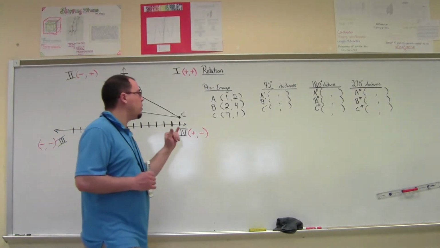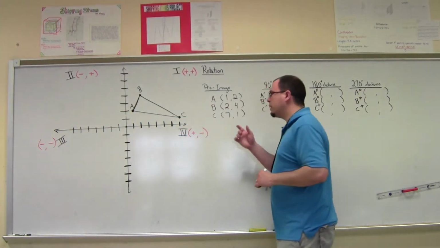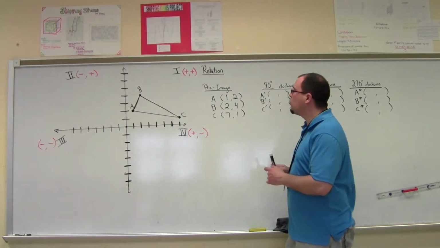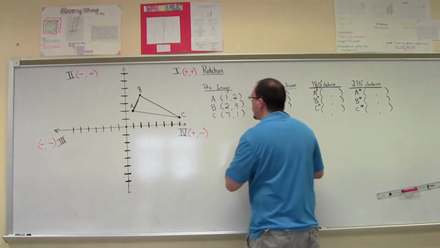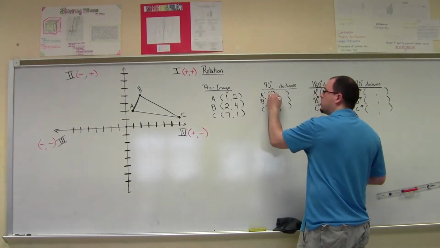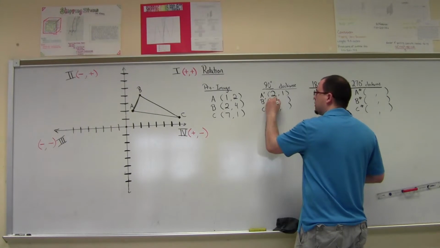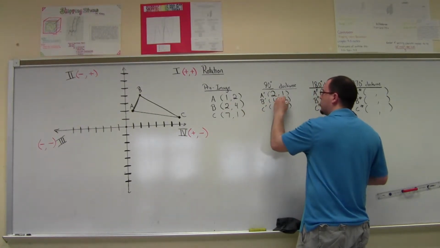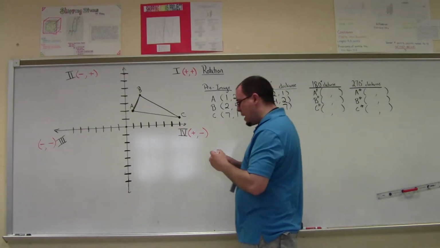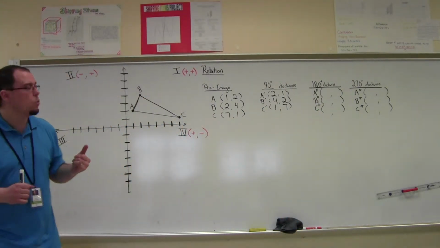We're going to flip our x and y values, but we're going to change the sign of one of them in order to get it in the quadrant we want. So if we're going to rotate 90 degrees clockwise, watch what happens. We flip the x and y values, so 1, 2 becomes 2, 1. 2, 4 becomes 4, 2. And 7, 1 is going to become 1, 7. That was easy enough. We've now flipped the x and y values.